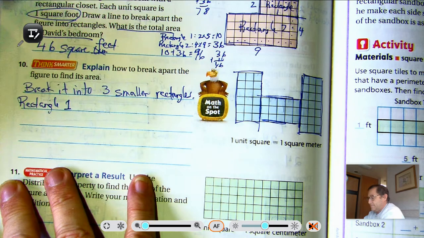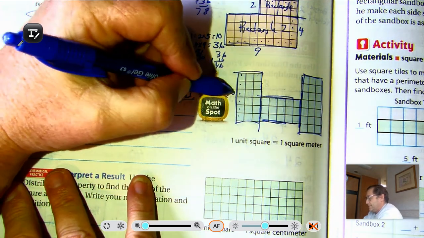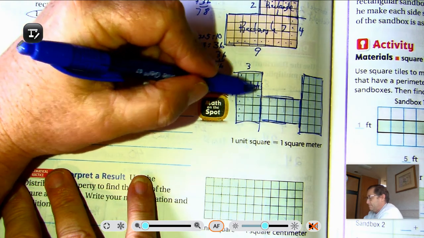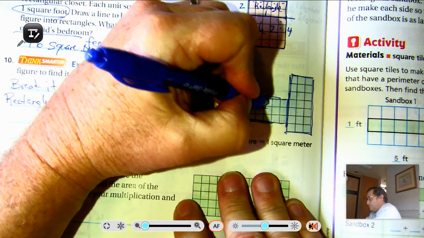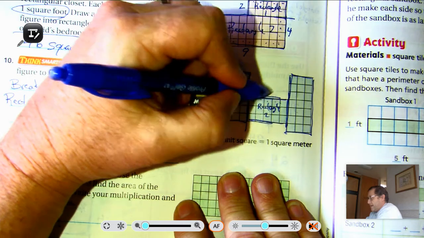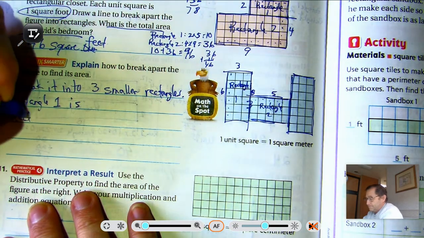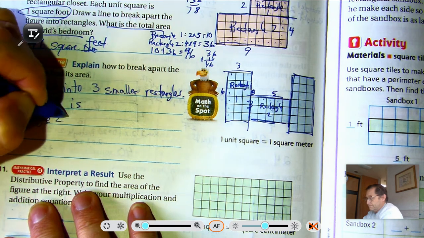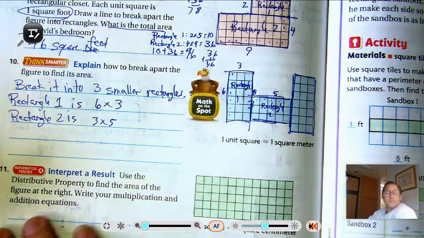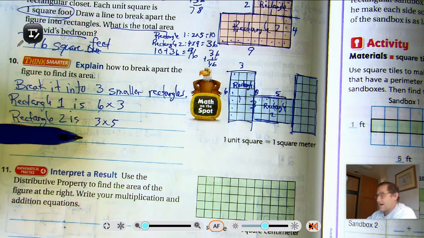Rectangle 1 is 1, 2, 3, 4, 5, 6 by 3. Rectangle 2 is 3 by 1, 2, 3, 4, 5. 3 times 5. Rectangle 1 is 6 by 3. Rectangle 2 is 3 by 5.